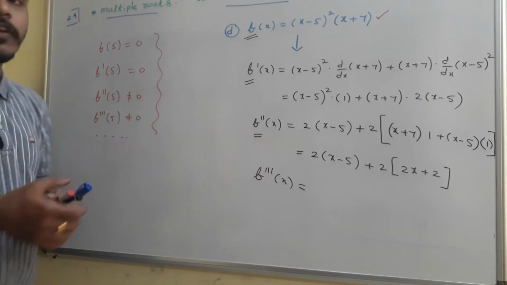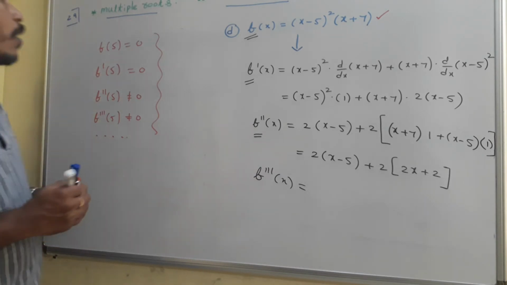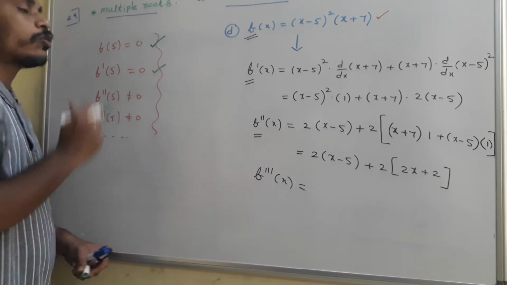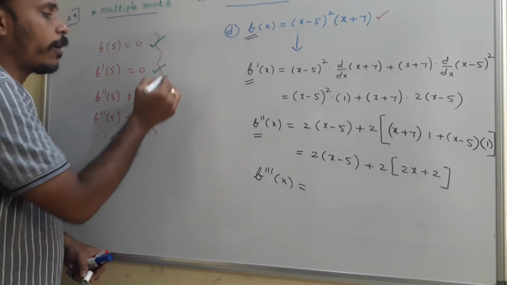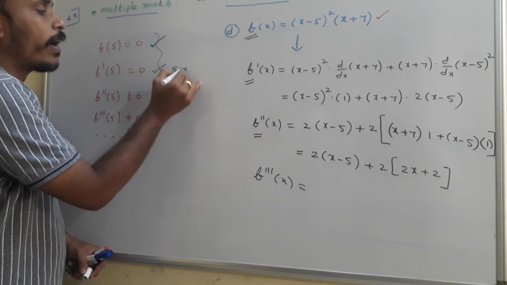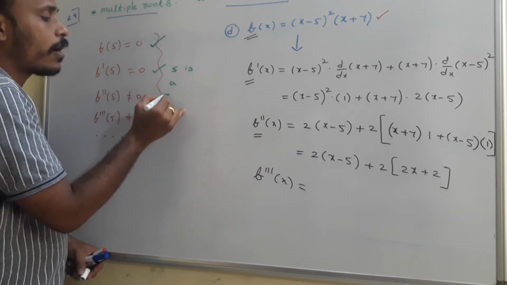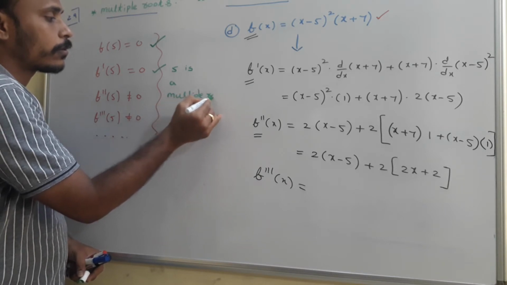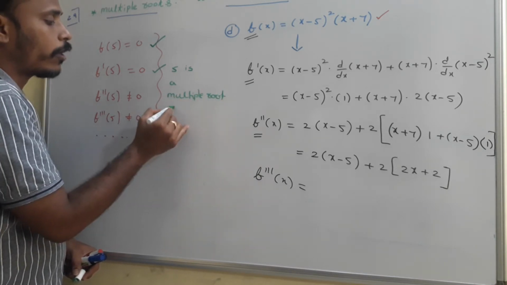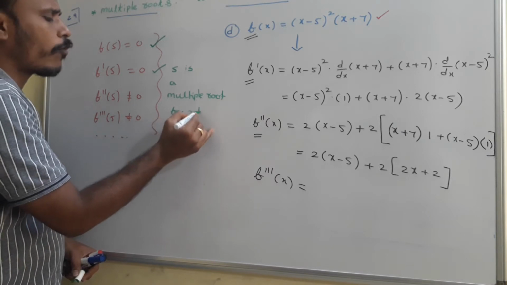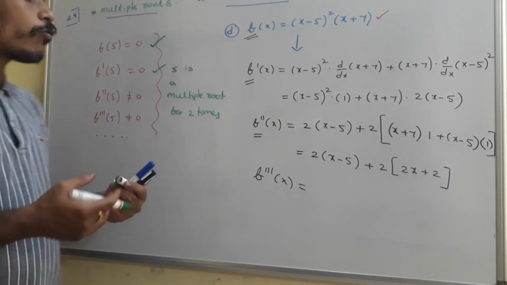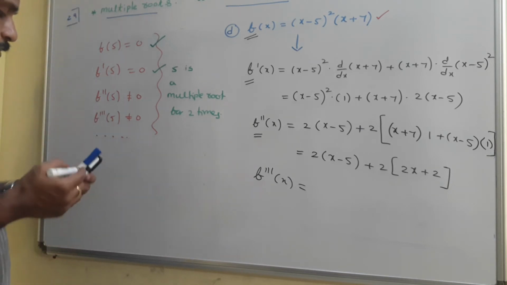After observing all these, one thing is very clear: only two values are 0 at x equal to 5. Therefore, 5 is a multiple root for 2 times, or you may say a multiple root of multiplicity 2, a repeated root for 2 times. That's it.